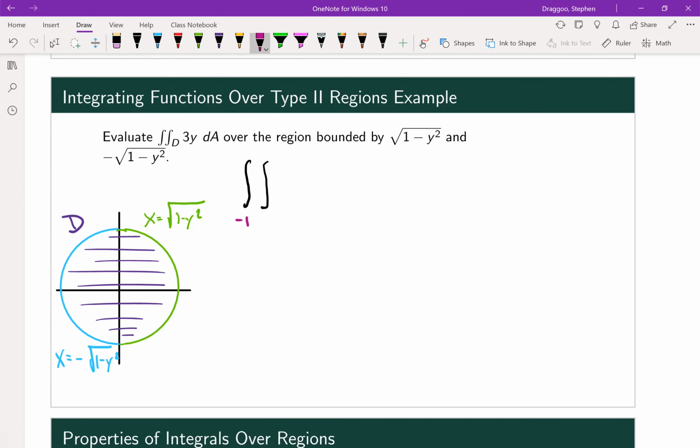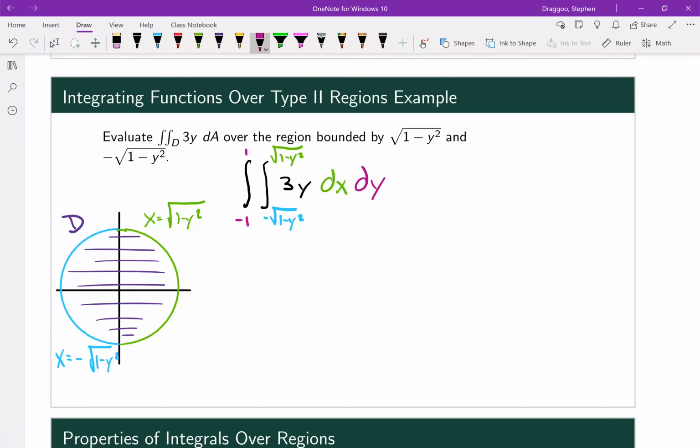Y is going to go from -1 to 1, while the x goes from the left function of y to the right function of y. And on the inside, we're just integrating 3y. Now we'll want to do this in the correct order. We have to do x first. So first it'll be dx, and then we'll do y second, dy.